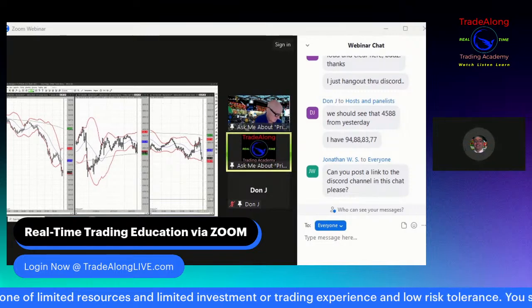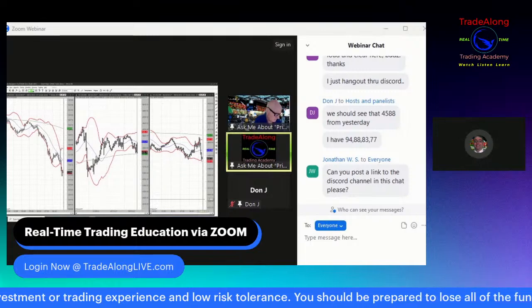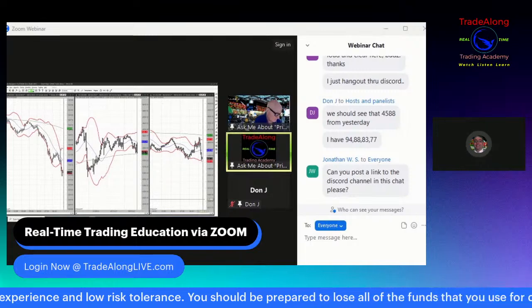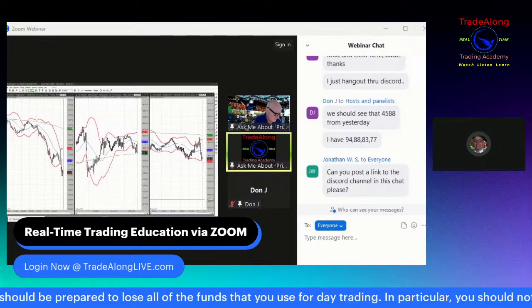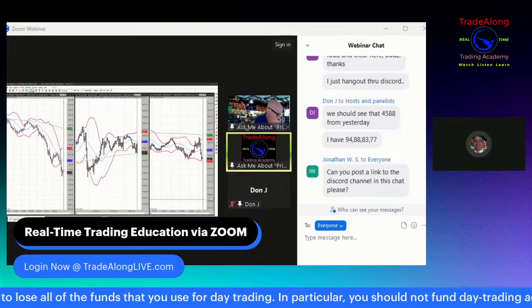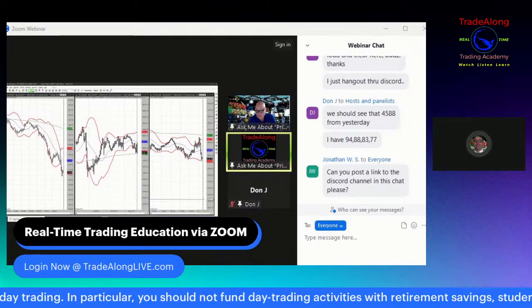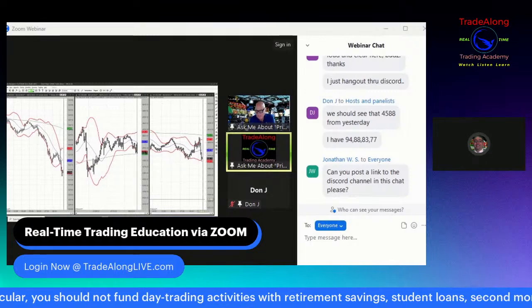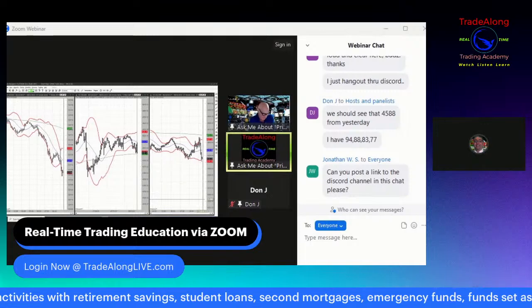You have to know your risk tolerance and scale in around it, or not scale in at all and just have a one lot in there, and there's nothing wrong with that either. It all depends on how you're going to manage each individual's risk. So as long as you understand that, that's why sometimes I get filled and sometimes somebody else doesn't get filled. It just happens that way.